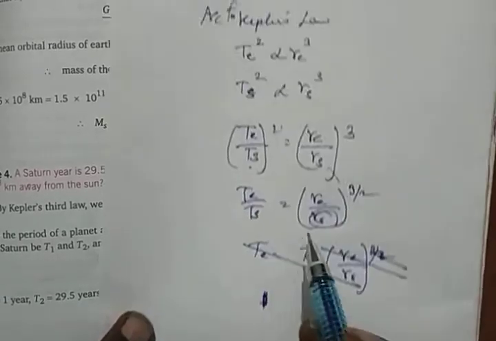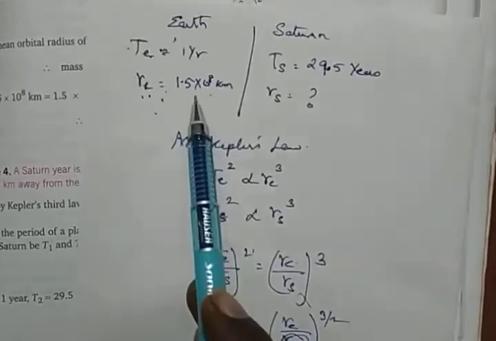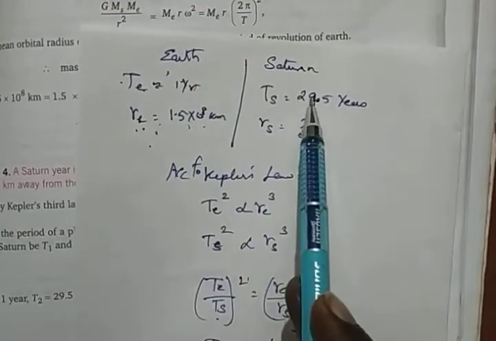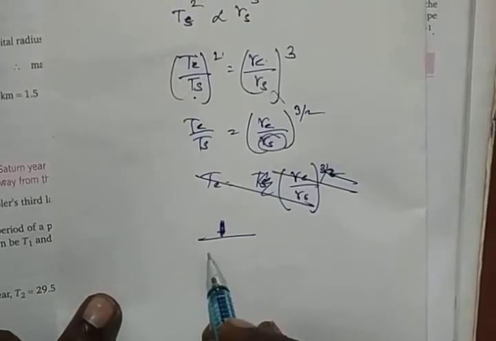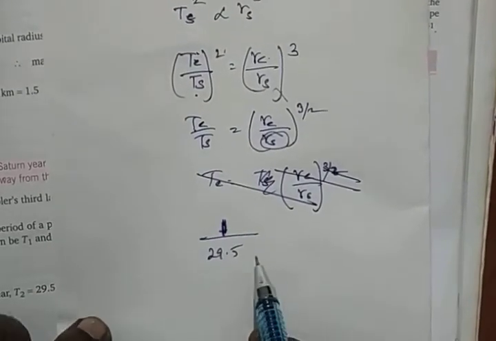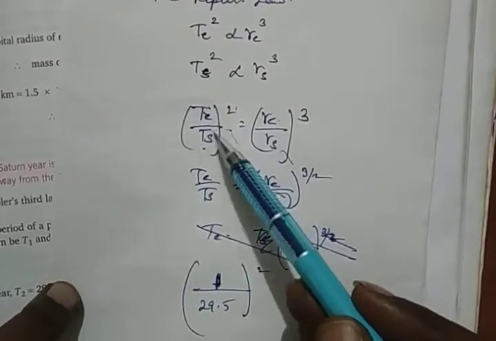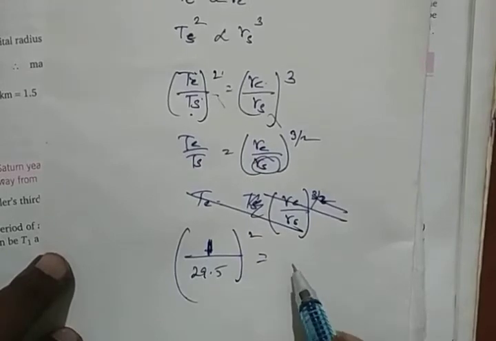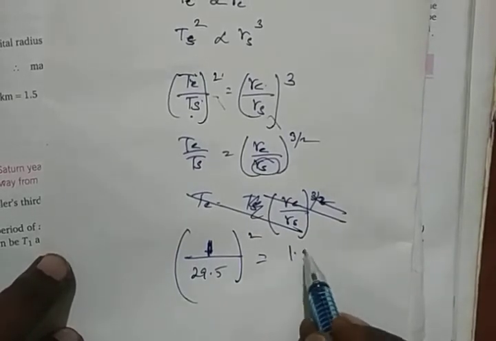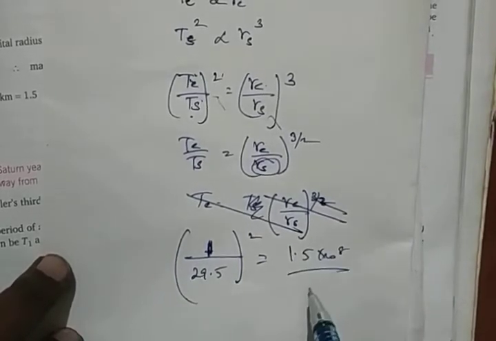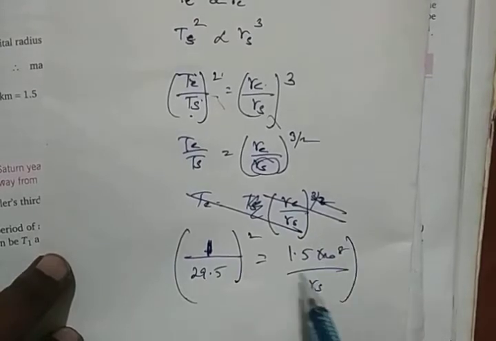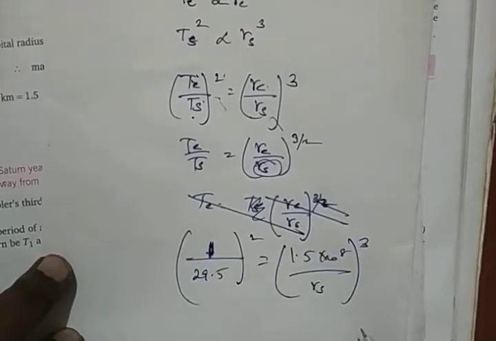This is 1 year. TE is 1 year and TS is 29.5. So 1 upon 29.5, and that is whole square. That is equal to RE, which is 1.5 into 10 to the power of 8, divided by RS, that's a whole cube.